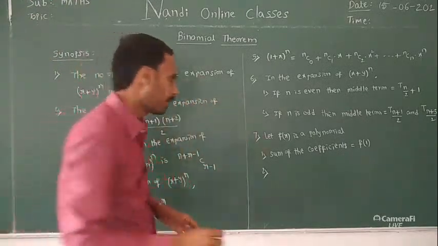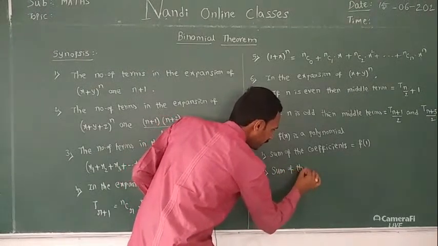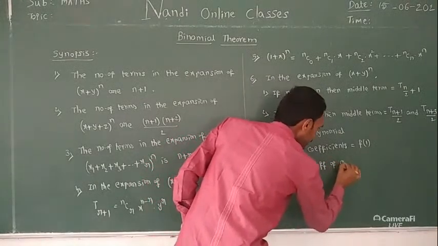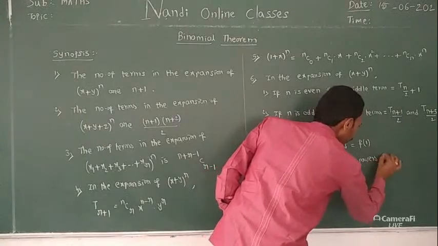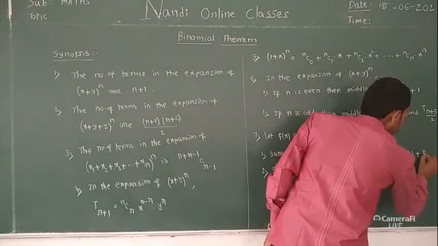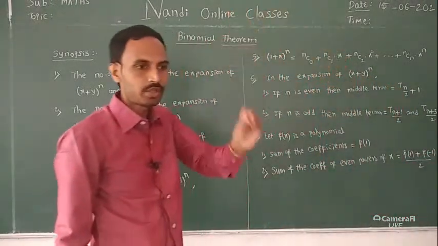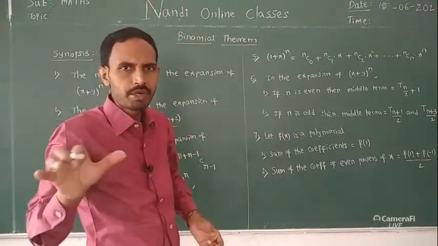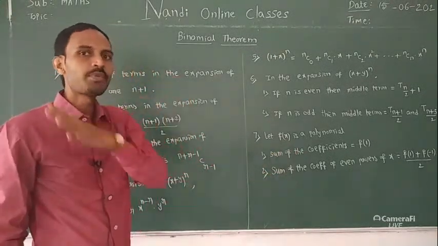The formula for the sum of the coefficients of even powers of x is (f(1) + f(-1)) divided by 2. First find f(1), after that find f(-1) by putting x value minus 1, add them, and divide by 2. That will give the sum of the coefficients of even powers of x.